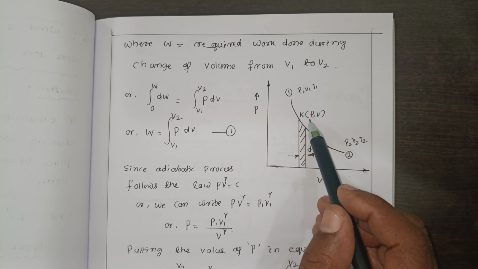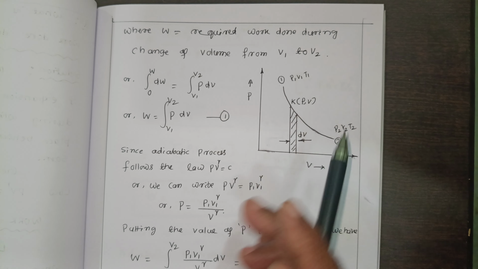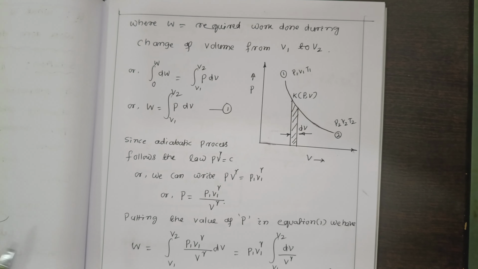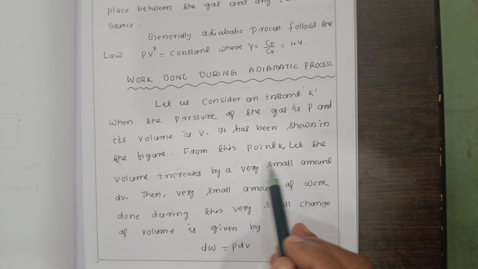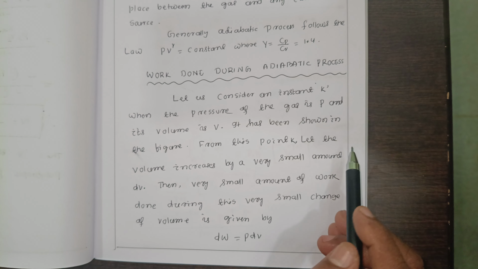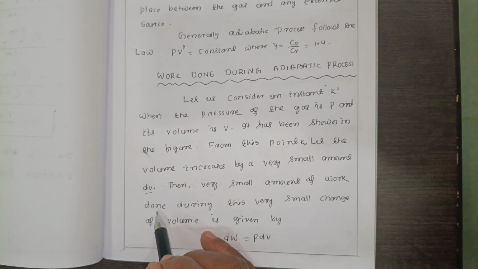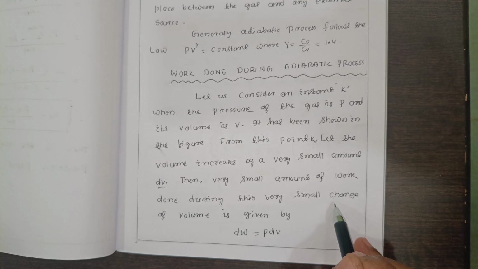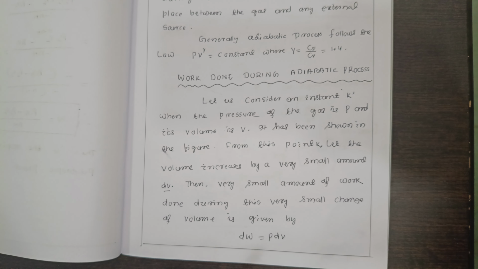Here the point K, where the pressure of the gas is P and volume of the gas is V. Now from this point K, let the volume increase by a very small amount dV. Then the very small amount of work done during this very small change of volume is given by dW is equal to P dV.